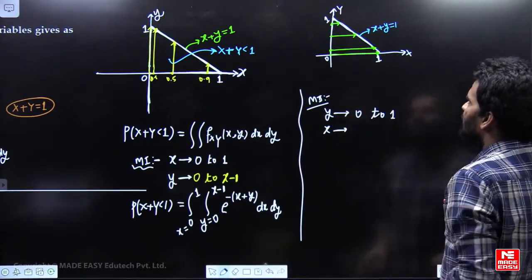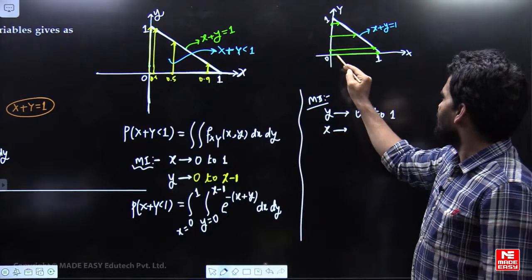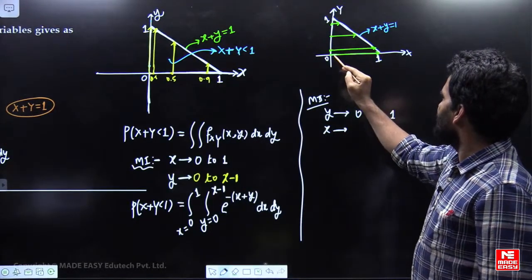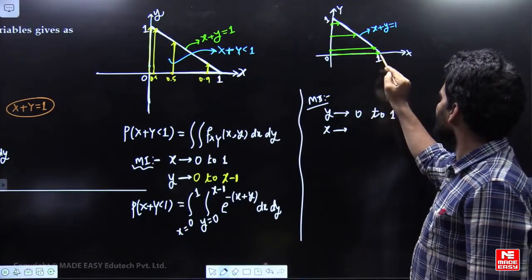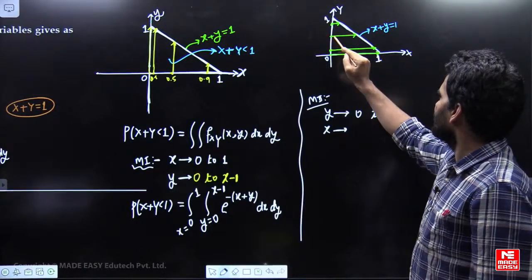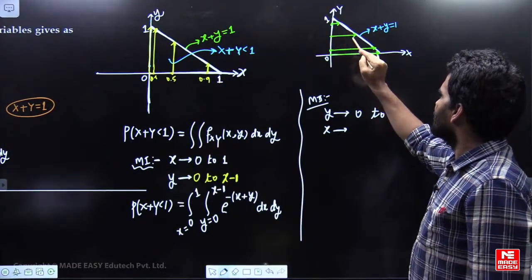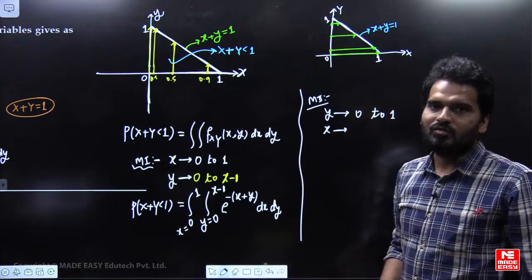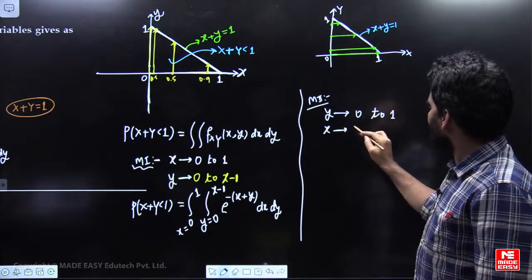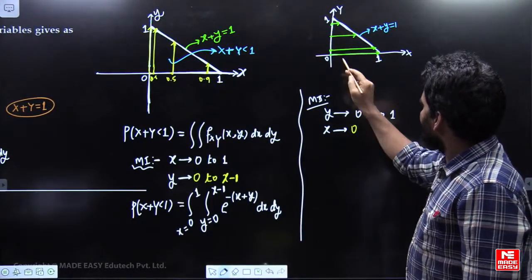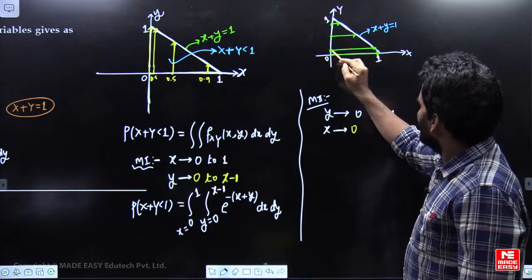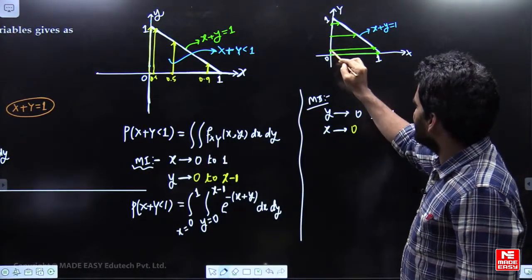That depends definitely on y here. The range of x values allowed is this, depends on y only. So the range of values allowed for x definitely starts from 0 only.